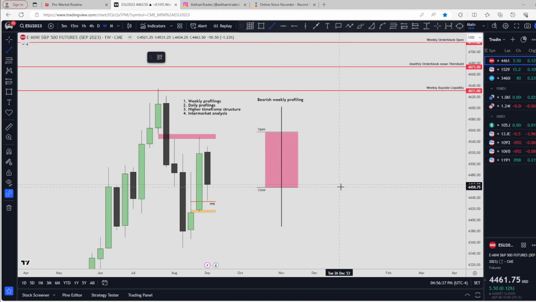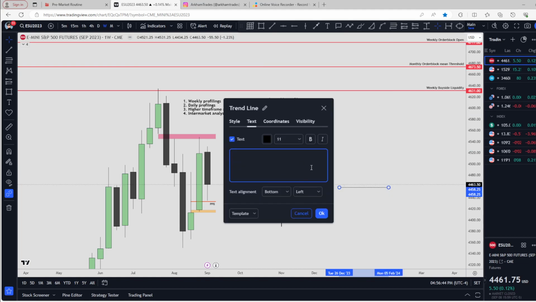Then the opposite can be said for bullish. This is your overall open.